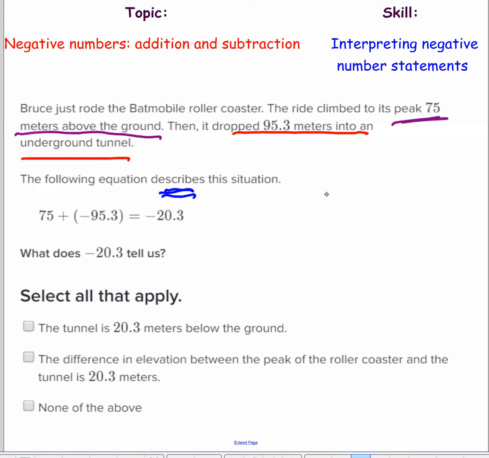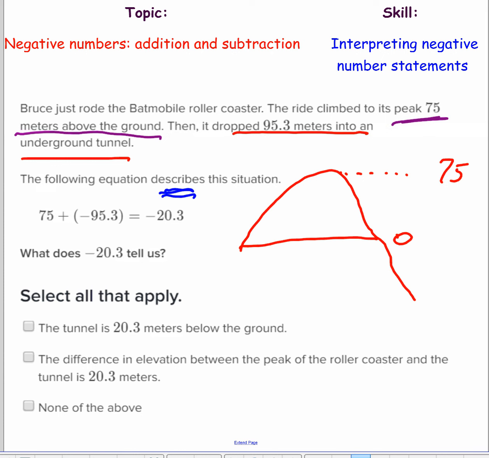So I'm going to draw a picture. All right. So here's the ground. Let's start with that. That's going to be at a level of 0, a height of 0. The roller coaster goes up and then down, and it goes underground. Right. So this height up here is 75, right?